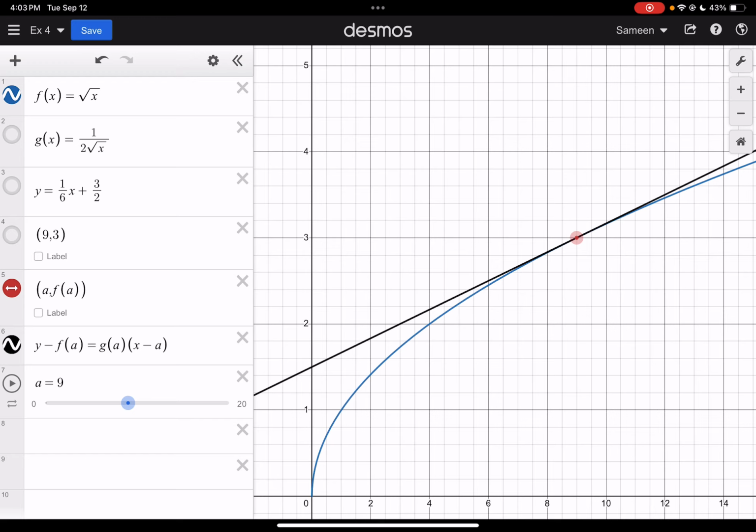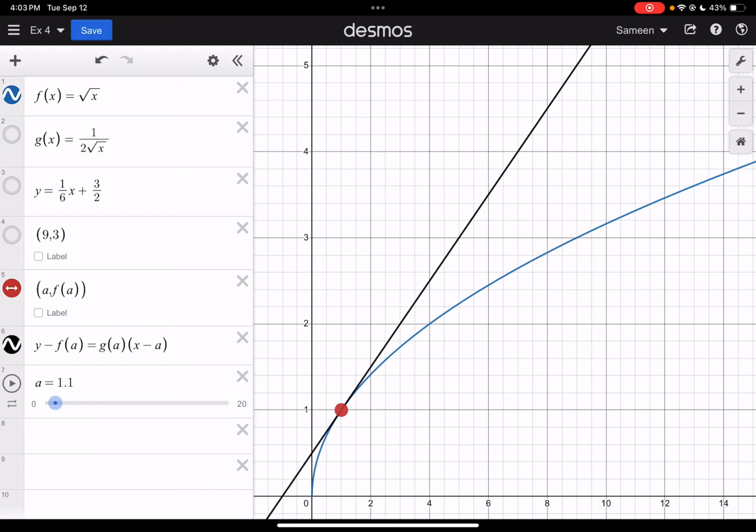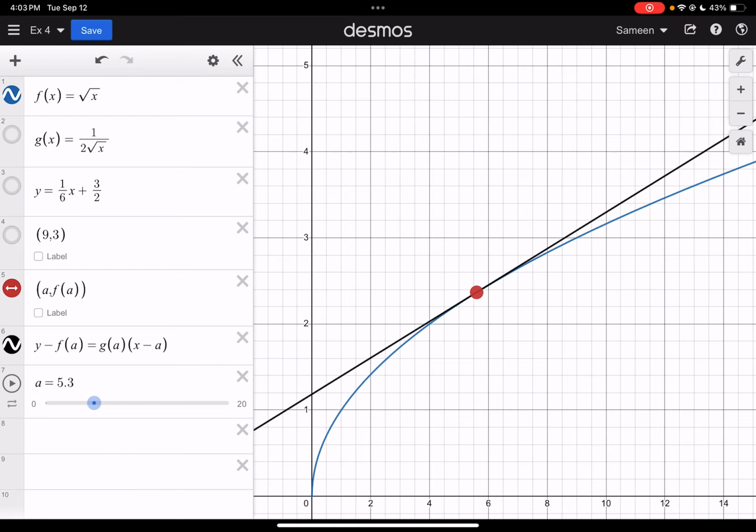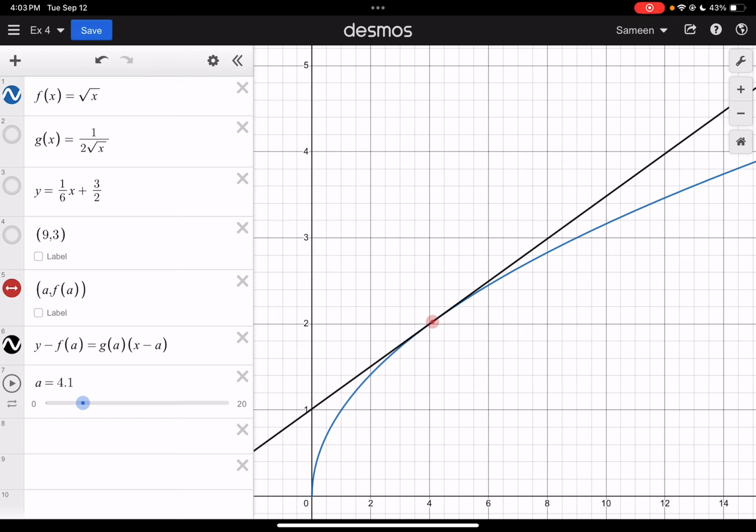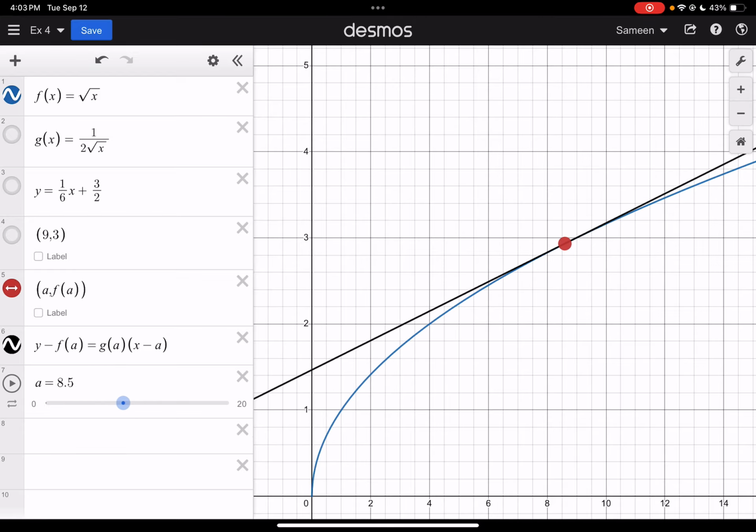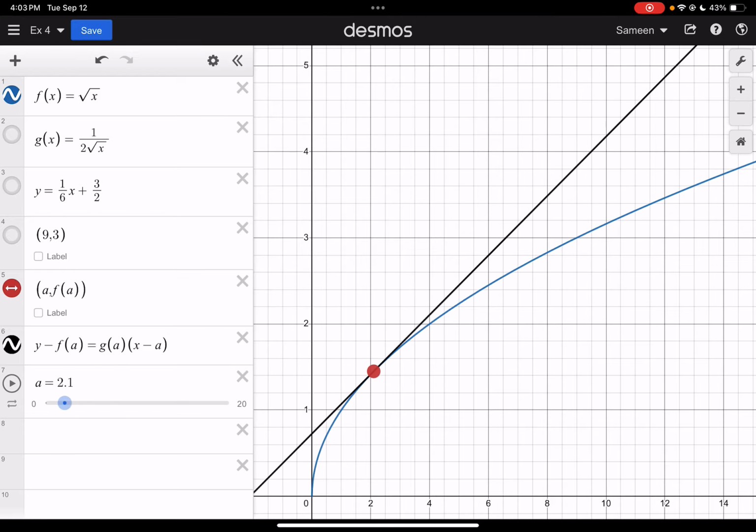Right above that, y minus f of a, that's my y minus y1, equals g of a, remember g is my derivative, so that's my slope, times x minus a. That's why the derivative itself often has an x in it. Again, going back to the derivative g of x is 1 over 2 root x, because the value of the derivative will change as x changes.